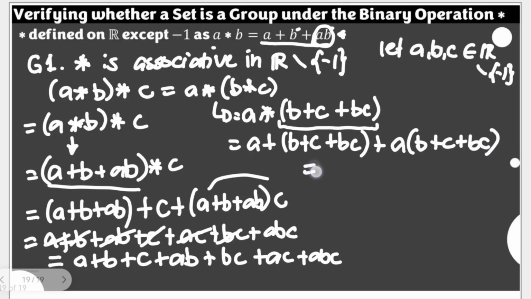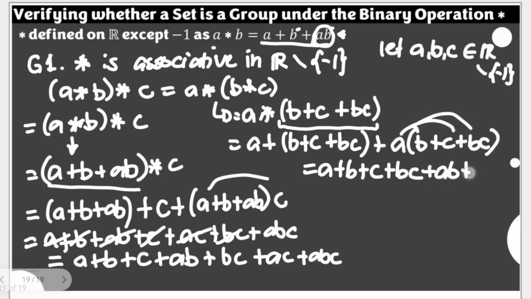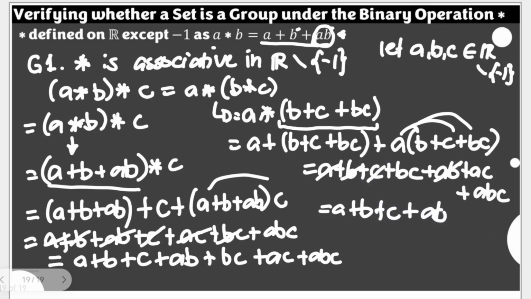So this would mean you have A plus B plus C plus BC, and as you distribute that, you have plus AB plus AC plus ABC. Arranging them, you have A plus B plus C. Let's start with AB, so it will be the same as the other, plus BC plus AC plus ABC.